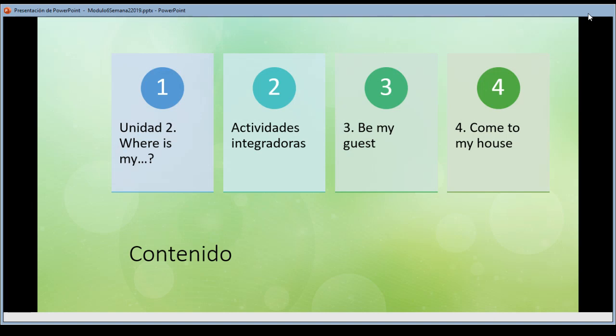Well, as I told you before, during this unit, the topic is, where is my? Basically, we're going to try to describe where things or objects in the house are located. So we're going to check the activities for this week. Be my guest and come to my house.